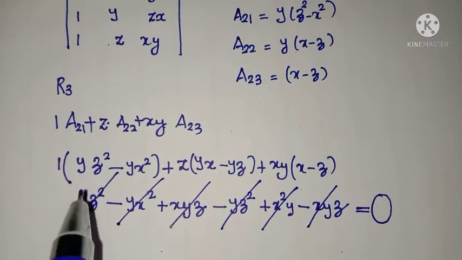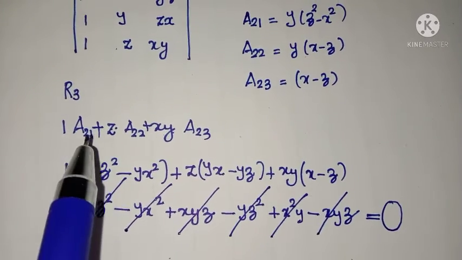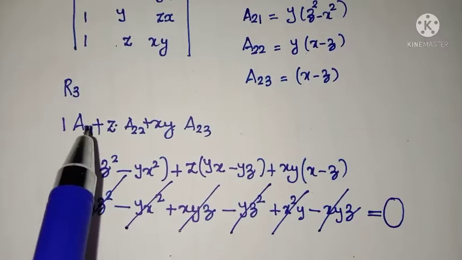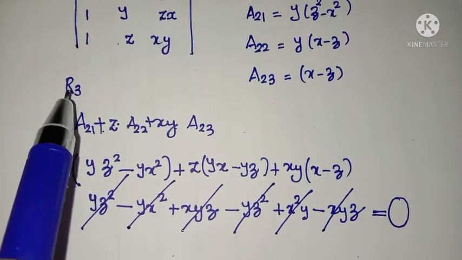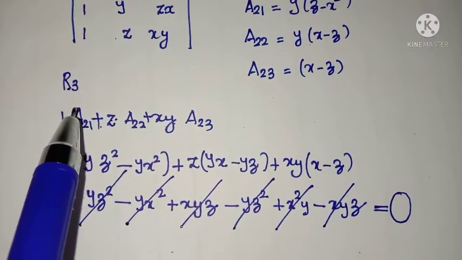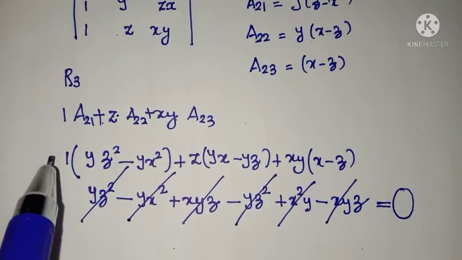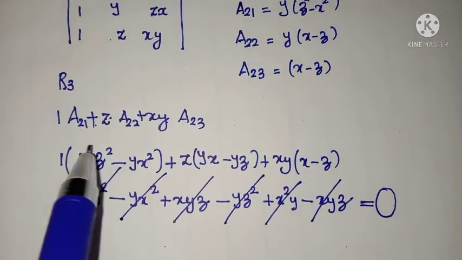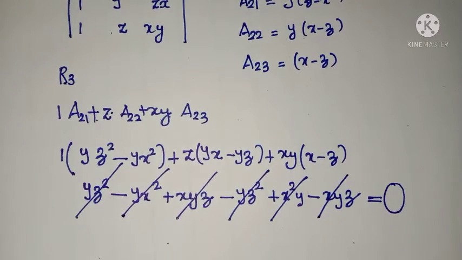That means we find the sum of the product of third row elements with cofactors of second row elements. So the expression gives 0.